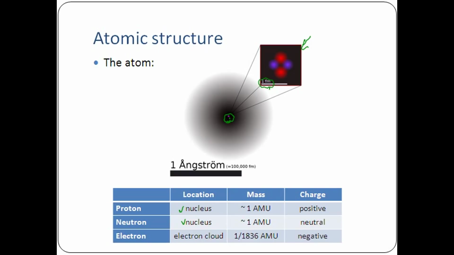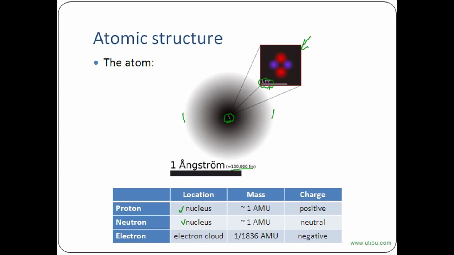That gives you an idea of the size of that nucleus compared with the larger atom, which is at 100,000 femtometers, going all the way from this side to here. So in this case it's probably somewhere between 1/100,000th and 1/150,000th the size of the overall atom.